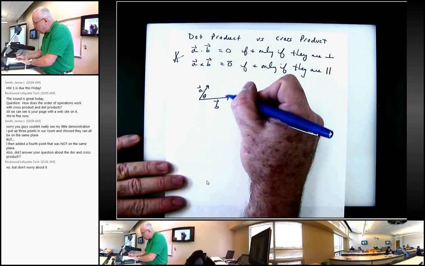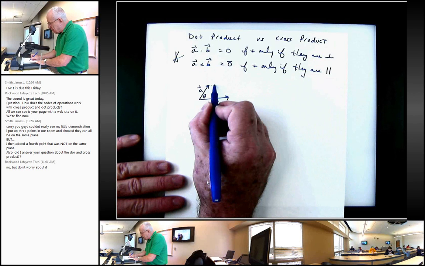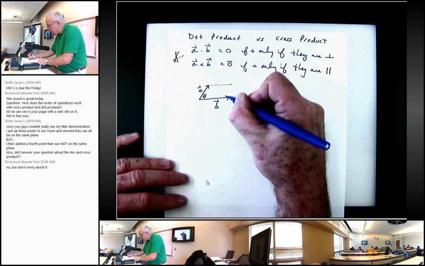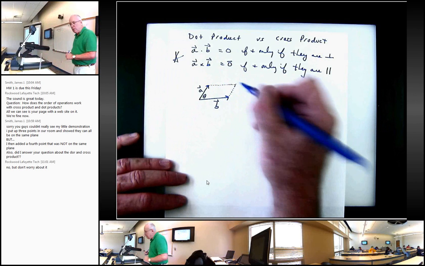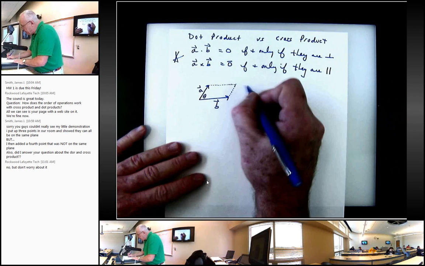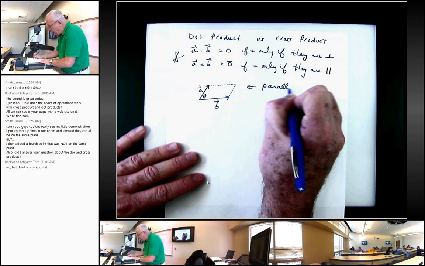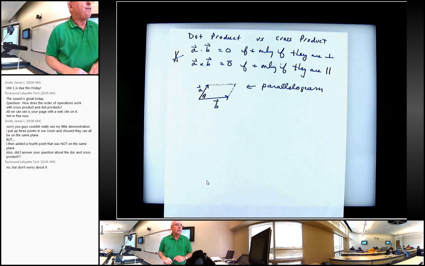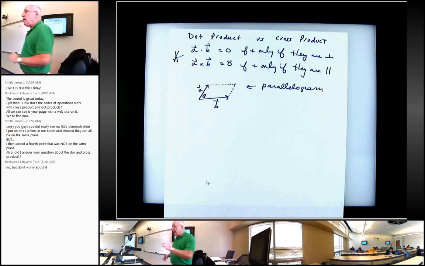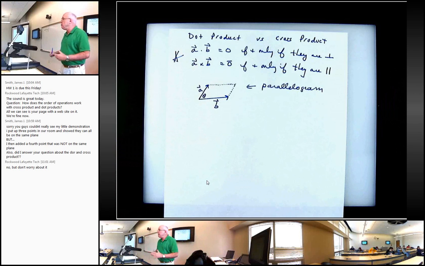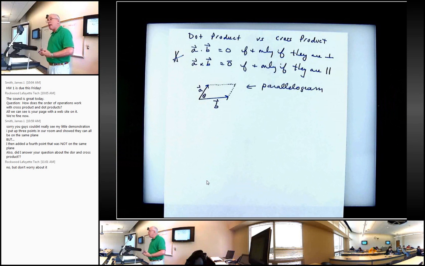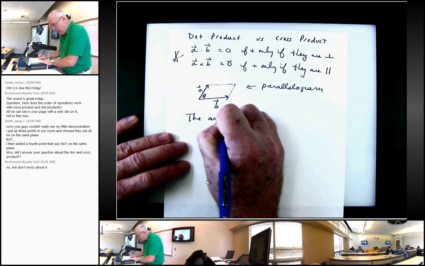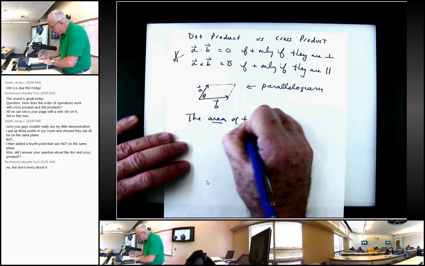So we want to continue with a line that's parallel to the bottom line there, and a line over on this side that's parallel to the line on the right, and we can get a parallelogram. Now there's an interesting fact here that the area of this parallelogram is equal to the magnitude of the cross product.